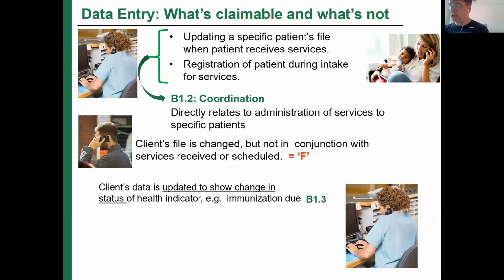Contrast that activity, which records that specific healthcare services have actually taken place, with the activity of setting up and maintaining a database like an immunization registry. For example, if Betty spends most of a survey day entering names into a registry and/or changing things like contact information connected to those names, the activity is not claimable because none of the people in the registry is getting connected to services through the activity.